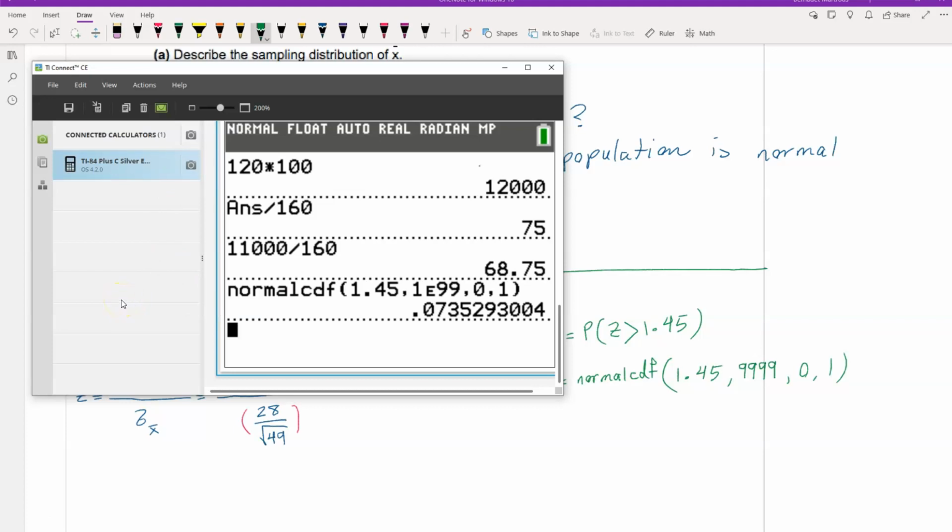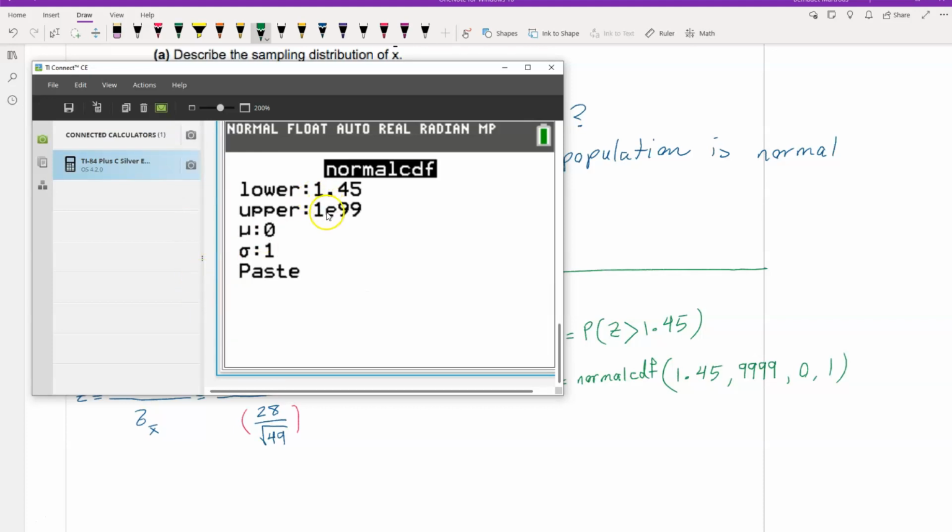Again, I'm going to repeat all these steps, and now, instead of 1 exponent 99, I will enter 1E99 and then 9999 to see that we have exactly the same answer. Second VARS, normal CDF. For E I use second, division.